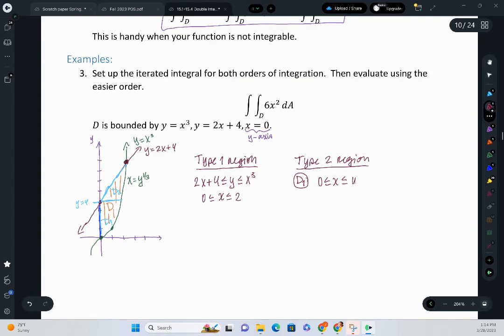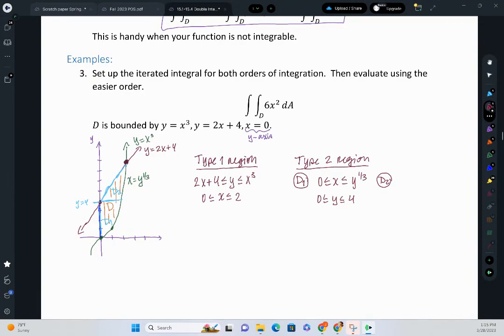So I'm going to have y to the 1/3 for my rightmost function. And at the same time, y is going from 0 up to 4. So that's D1.